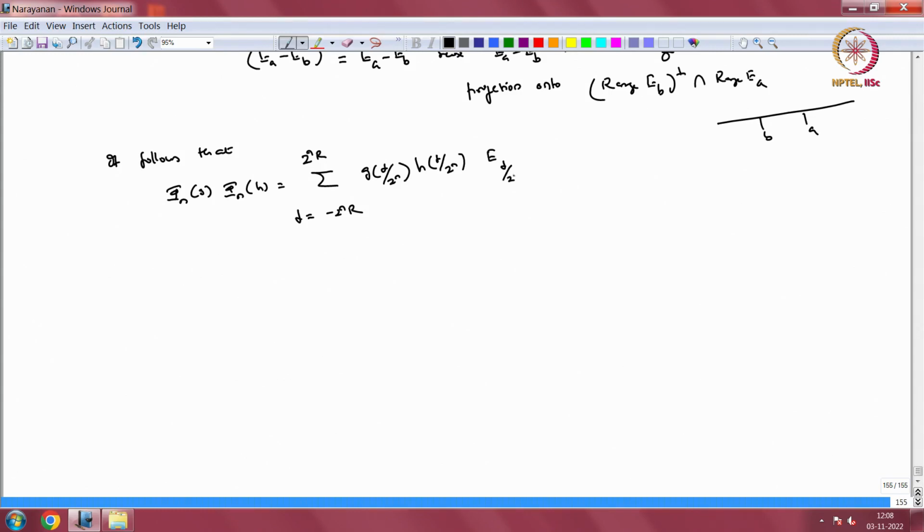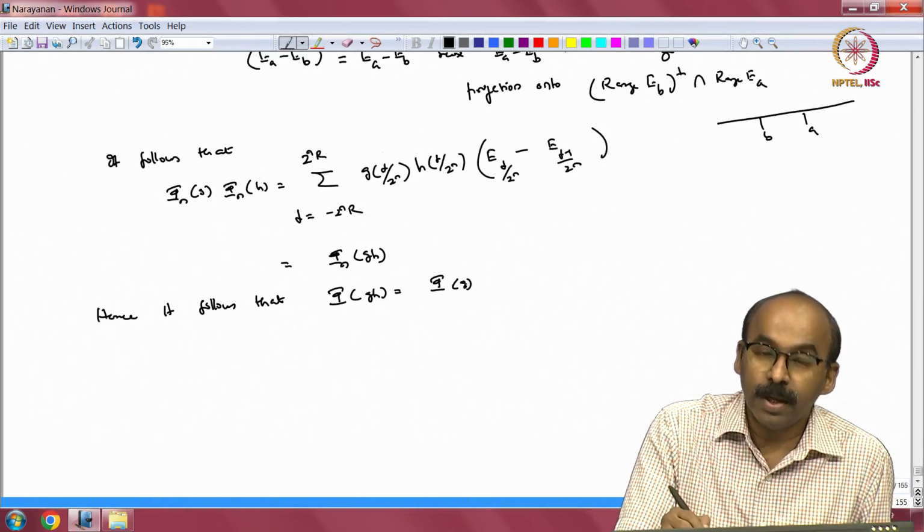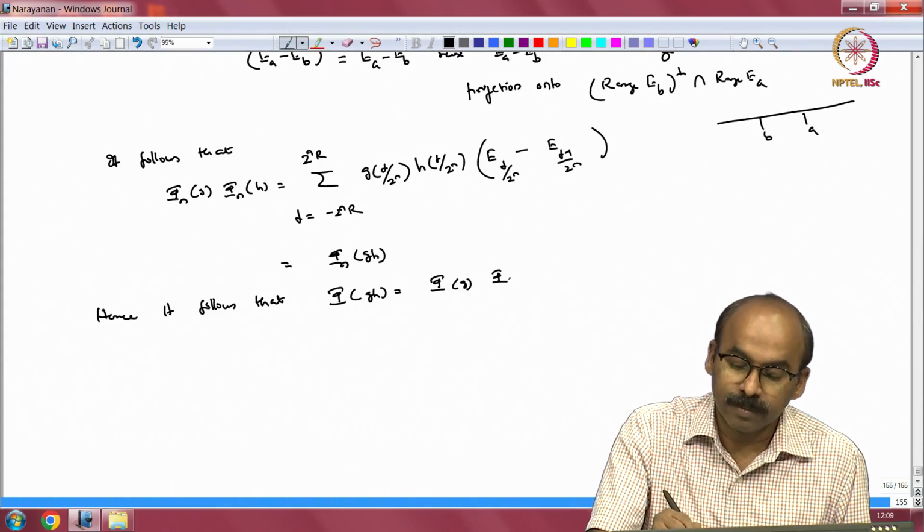So, it is (E_{j/2^n} - E_{(j-1)/2^n}), which is the definition of phi_n(gh). So, phi_n(g) into phi_n(h) is equal to phi_n(gh), hence it follows that phi(gh) is equal to phi(g) into phi(h).